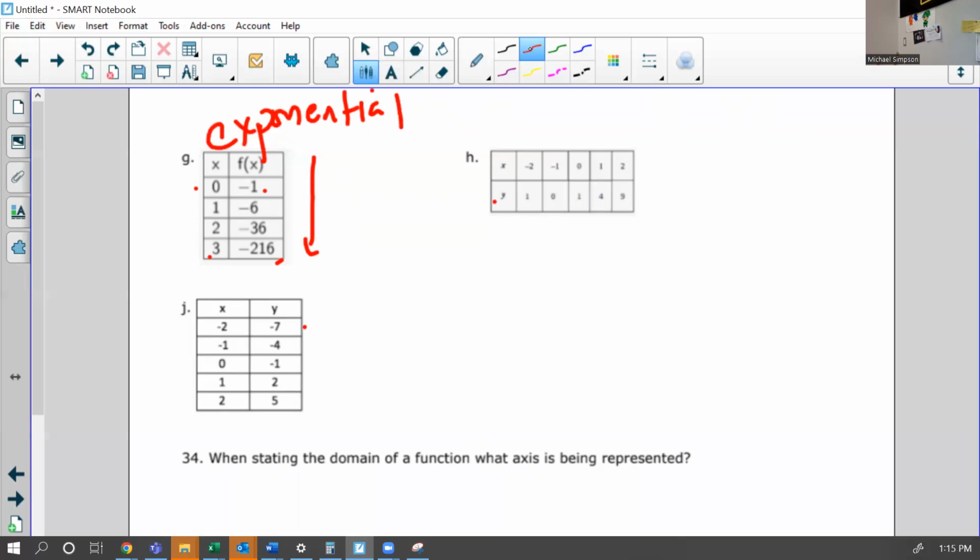So we're looking at linear or quadratic. Let's look at J. Now for linear, we know that, right? The delta y is going to be the same. So if I take delta y here and here, they're going to be the same because the slope, right? For you to have a constant slope, those numbers have to be the same.